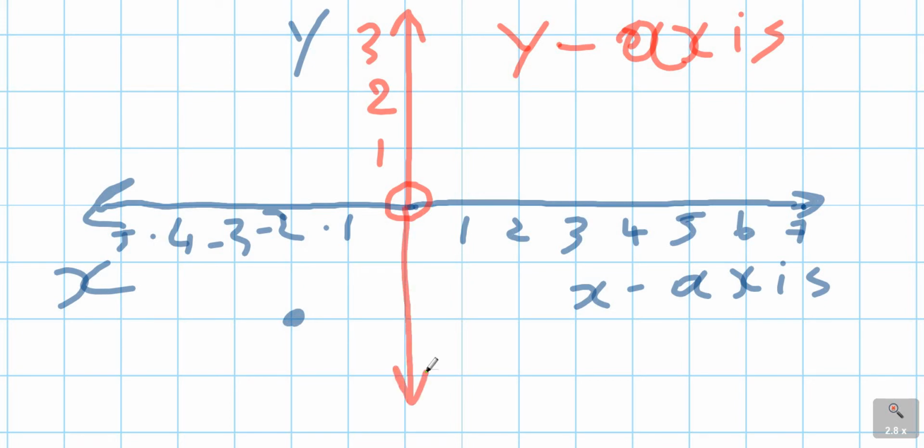And so this y-axis continues, and this is basically all of the Cartesian plane, where you have the x-axis and the y-axis. The x-axis goes horizontally while the y-axis goes vertically, and they intersect at a point. Where the two lines meet, that's where 0 is.